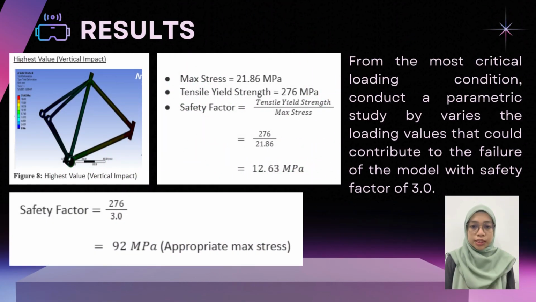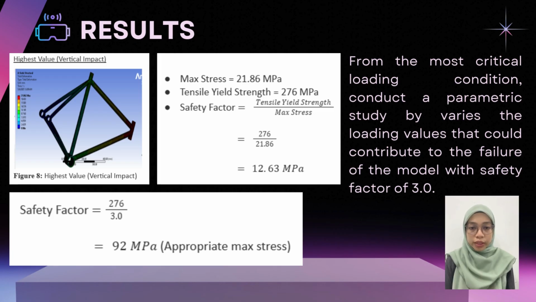The highest equivalent stress value was used to calculate the factor of safety based on tensile yield strength of 276 megapascals from ANSYS. The resulting factor of safety was 12.63, much higher than the required minimum of 3.0.